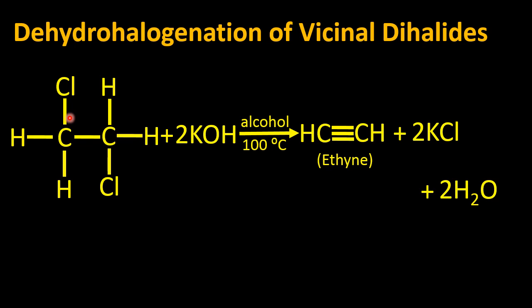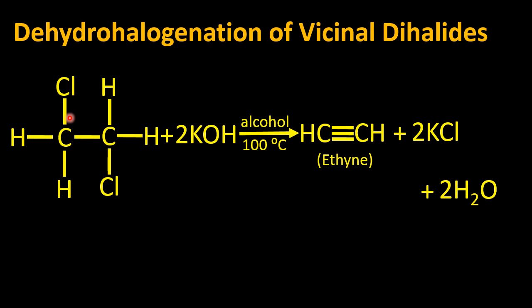Whenever the functional groups are attached to the same carbon atom, it is named geminal dihalide. And when the halogens are attached to adjacent carbon atoms, it is known as vicinal dihalide. Now here we are making alkynes.